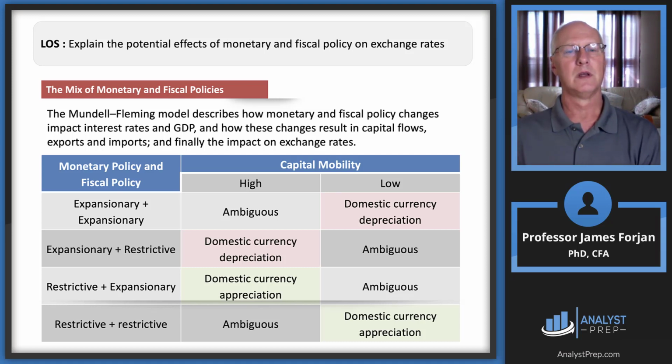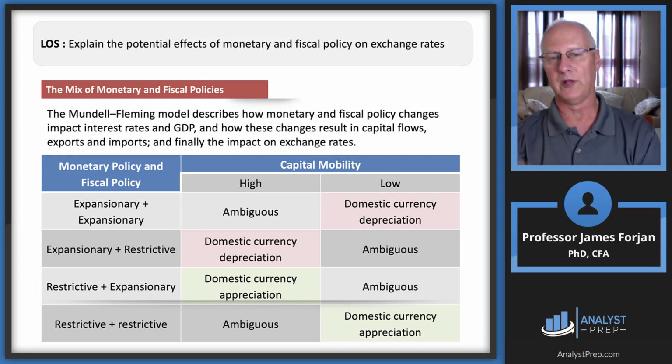But the fiscal policy is restrictive. Maybe Congress is saying something like, oh, we don't want to spend any money this week, or let's go ahead and raise taxes. All right, so when that happens, this will result in a domestic currency depreciation.